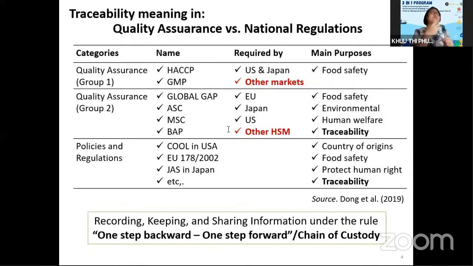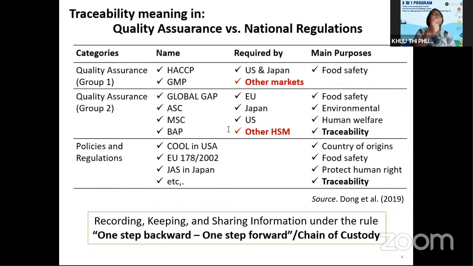Unfortunately, until now we don't have an agreement between the countries on a certification that will be accepted by all countries. No certification can be accepted by all countries or all markets in the world.